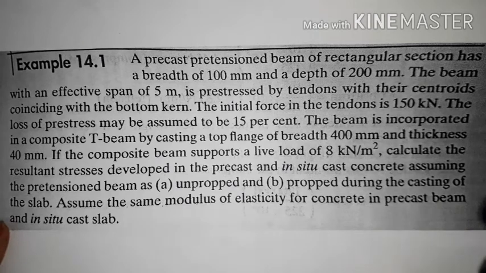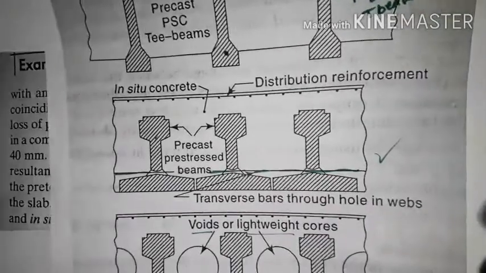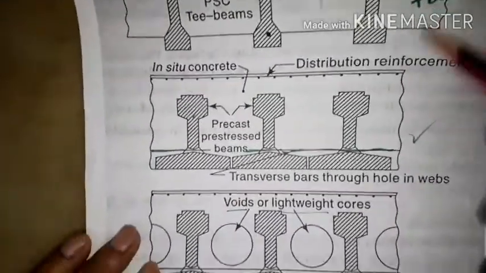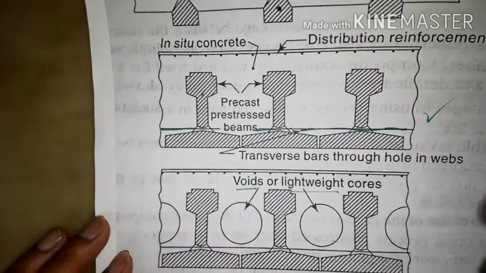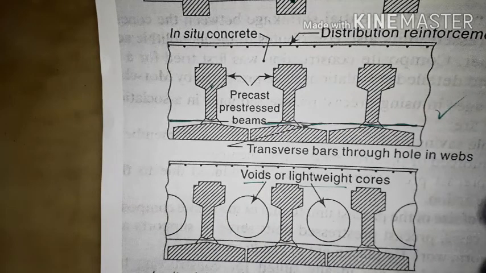Before going to this, I will recall the previous session. In the previous session I discussed what is composite construction, what are composite structural members, and I showed you the different types of members used in the precast section.